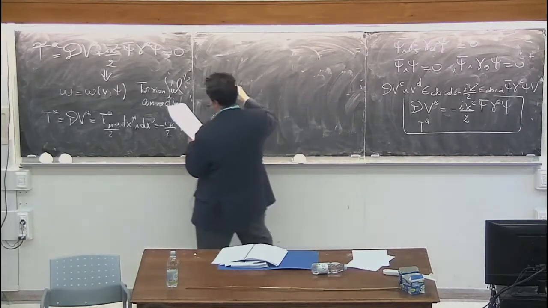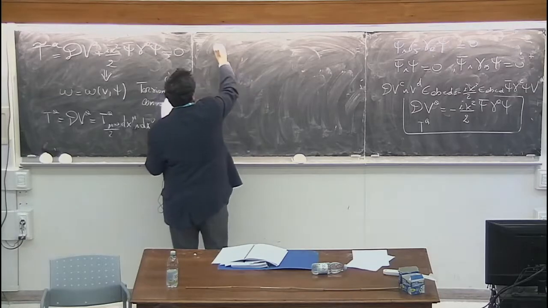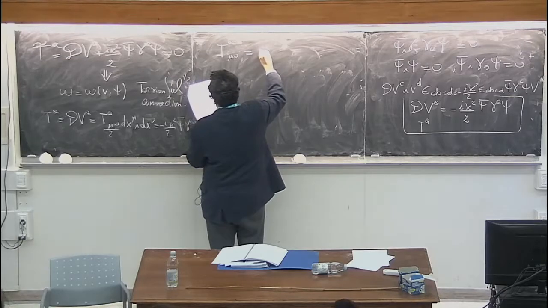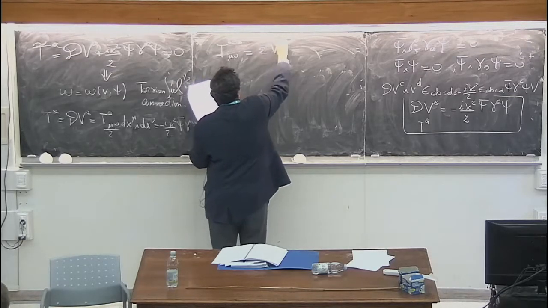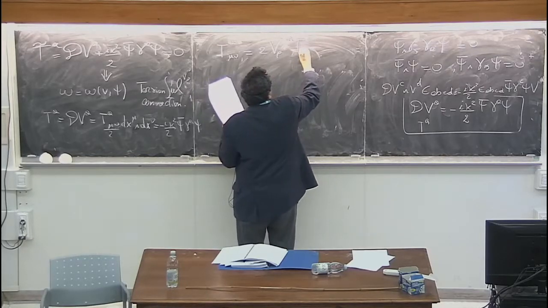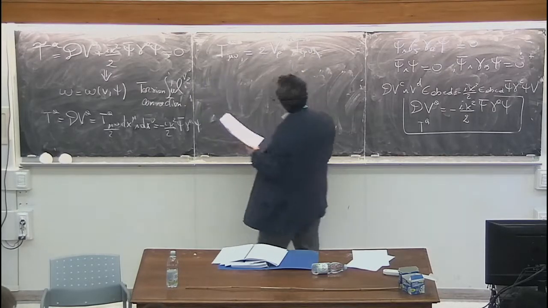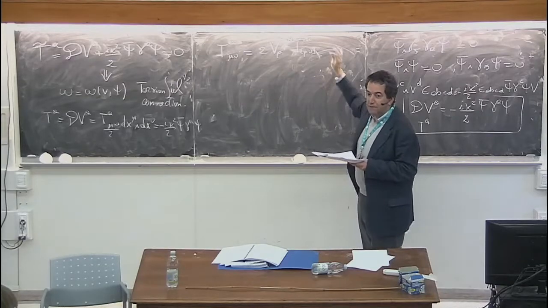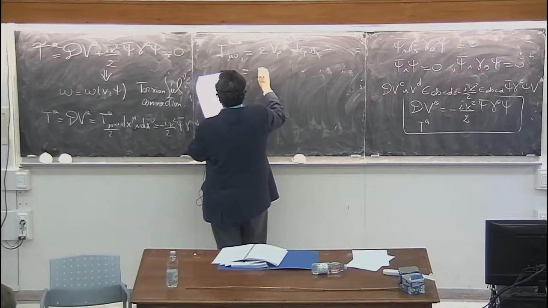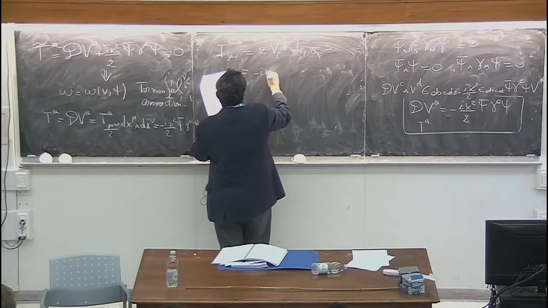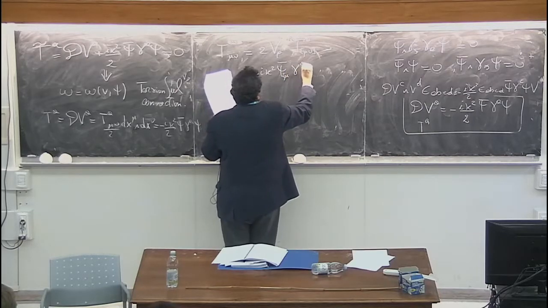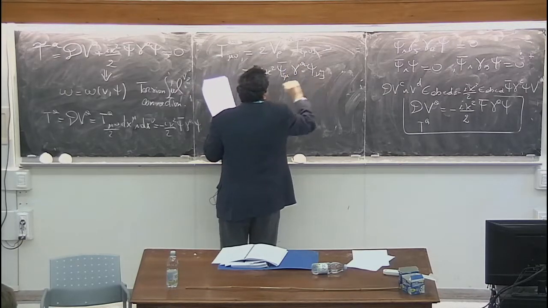So its components are just T A mu nu, which are equal to 2 V rho A gamma rho mu nu, where gamma are the Christoffel symbols, and this is nothing but minus i kappa squared psi mu bar gamma A psi nu.